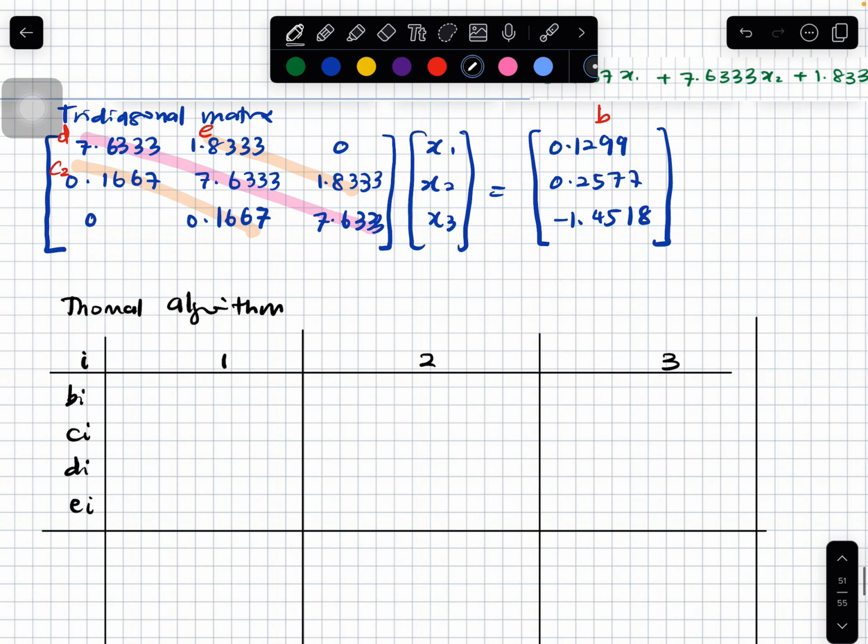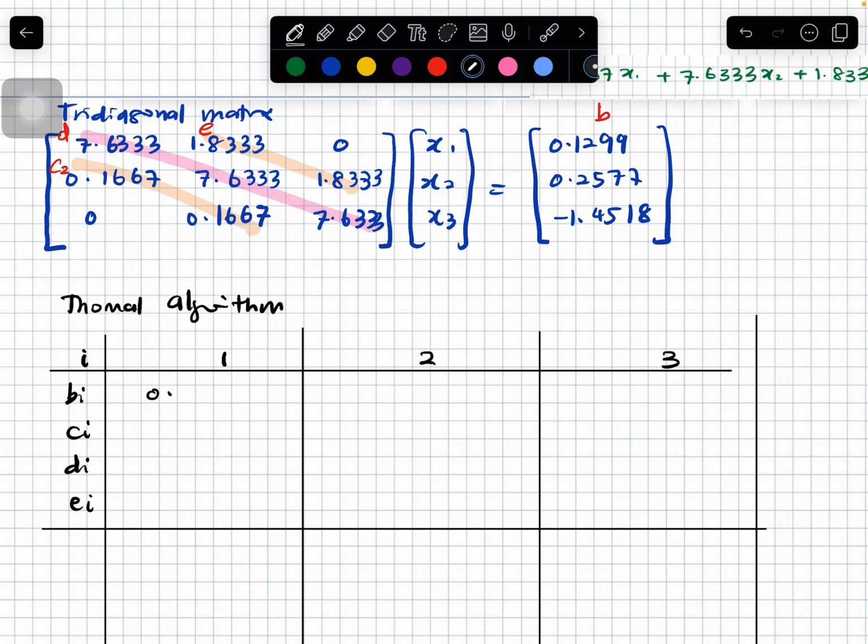The first part is the data from the matrix. Okay. So for the first row, we want to put B values. So here is your B. You just need to list it down. List that as the first value. Next value is this, and the third value.